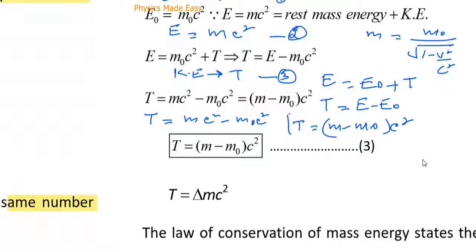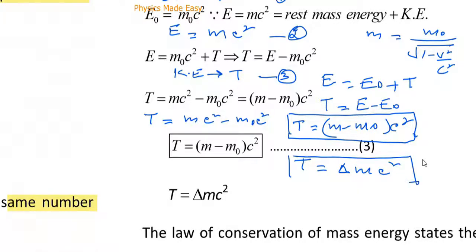Now note down the concept of relativistic kinetic energy. Note this fact very clearly. So T is delta m into c square. So kinetic energy in relativistic mechanics is change in mass multiplied by square of velocity of light. And in classical mechanics, kinetic energy is equal to half of mass into velocity square.